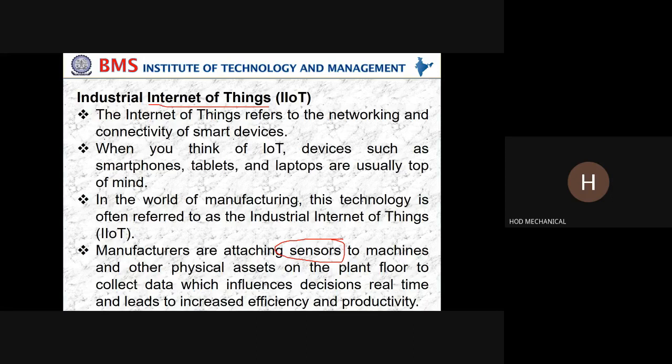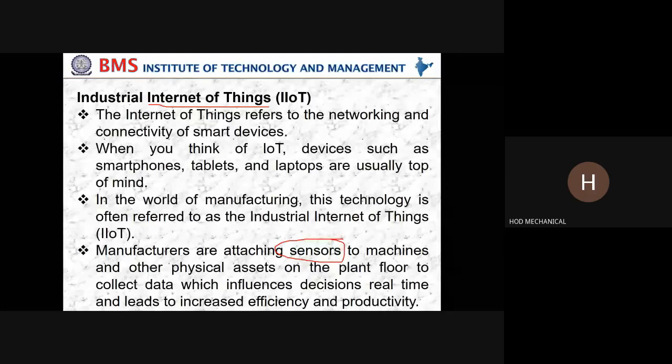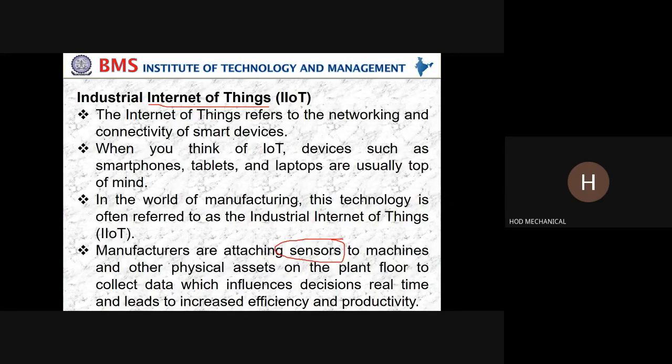Now, as you are aware, we want certain information from the shop floor. Maybe how many products we have produced, or what the temperature level is at a particular point, or what the vibration characteristics of a particular machine are. All that can be checked by having sensors. Sensors are nothing but devices which give information.